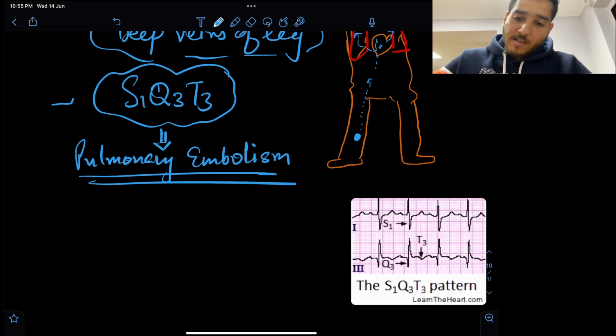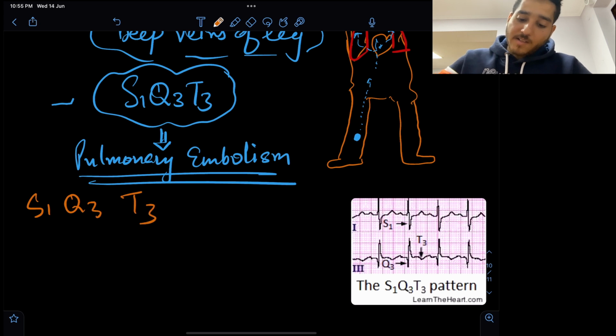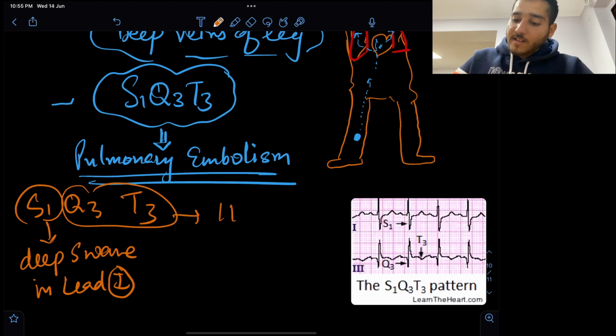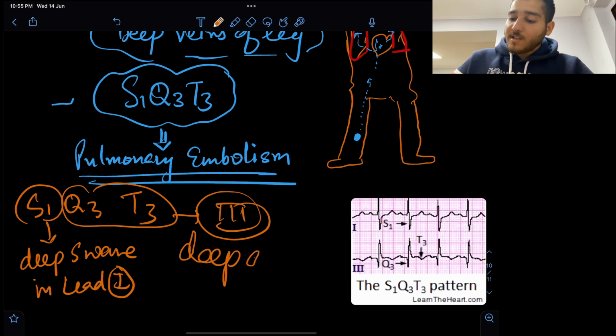S1, Q3, T3 means there's a deep S wave in lead 1, and in lead 3 there will be deep Q waves and an inverted T wave.